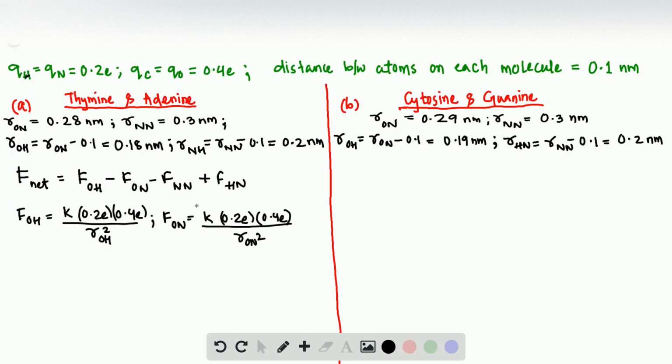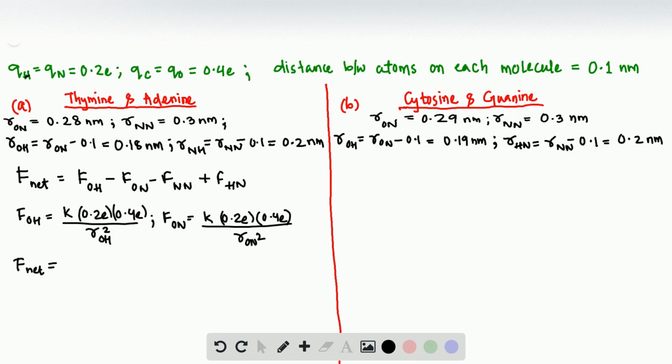And we do the same thing for FNN and FHN as well. So F net will be, I know that some of these charges are negative and some of them are positive, but we have already taken the sign into consideration by adding a plus or minus here.